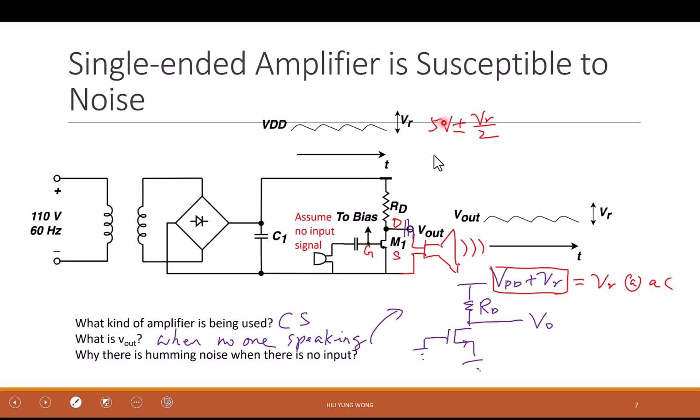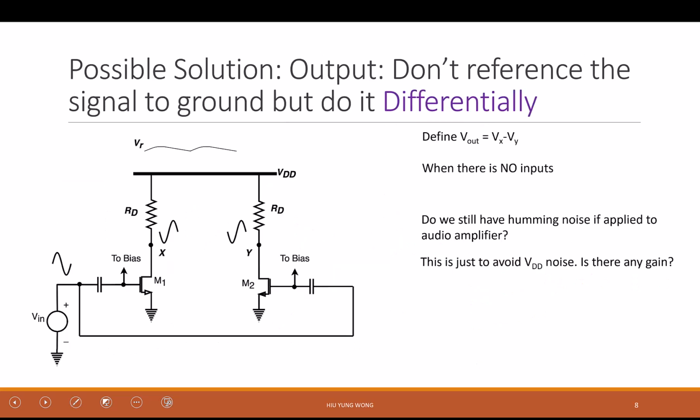So the VDD is no longer 5 volts. It can go from 5.01 to 4.99, for example, right? So this one keeps changing. So actually, I do have a voltage source, which is AC, VR, going from the top, right? While the input is 0, the bottom one has no effect.